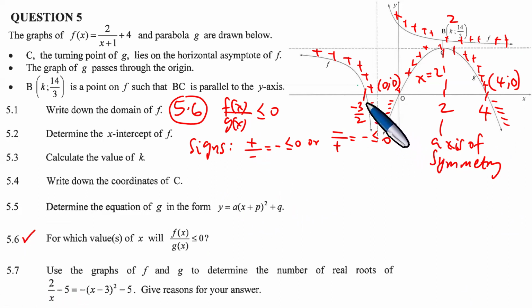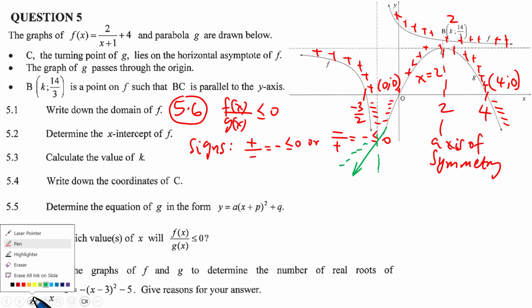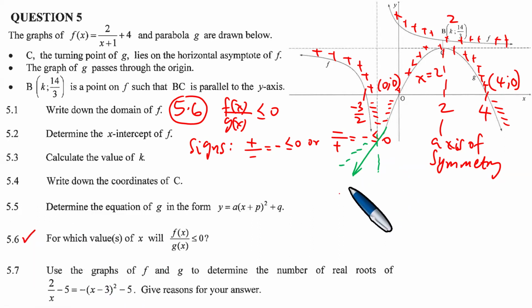We need to know that this graph, the hyperbola, is restricted by the asymptote, but the parabola continues, and if it continues, this parabola is negative all the way. As a consequence, we're able to read off the solutions, in other words, the answer to 5.6, as follows. Right, so now we're going to state the answer.